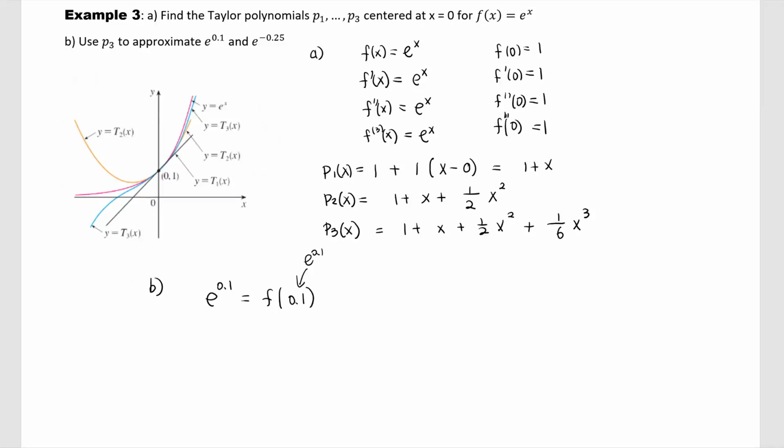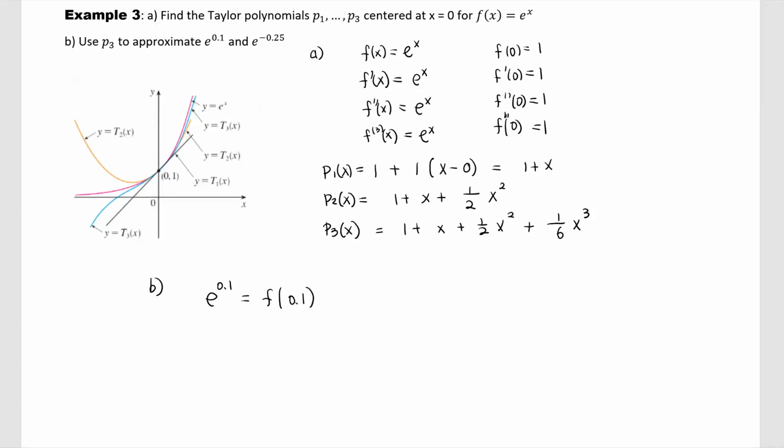No! x is just 0.1. Think about it. If you plug in e to the 0.1, that means you know how to calculate e to the 0.1. Then you don't need this Taylor polynomial approximation. We use this Taylor approximation because we don't know how to compute e to the 0.1. We know how to add, subtract, multiply, and divide, but we don't know e.